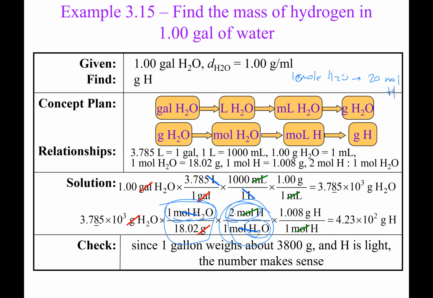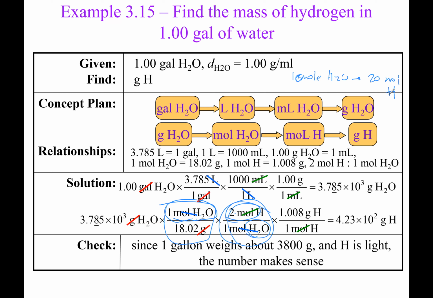But if you have 10 grams of H2O, you cannot say you have 20 grams of hydrogen. The mass doesn't work directly. You have to first convert to percentage, or use the mole. You cannot just say mass to mass. 10 grams of water doesn't have 20 grams of hydrogen, but 10 moles of H2O has 20 moles of hydrogen, because hydrogen is lighter than water.